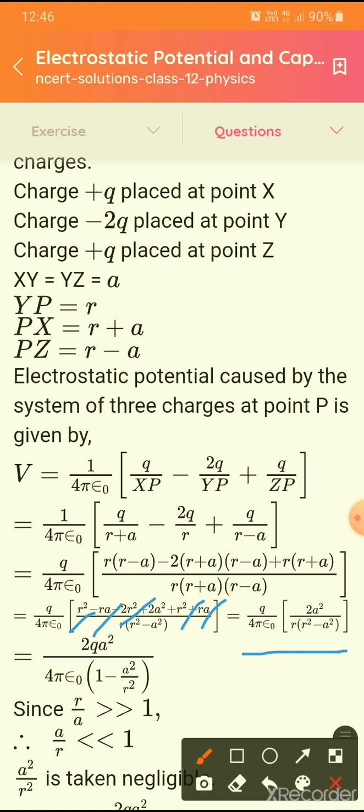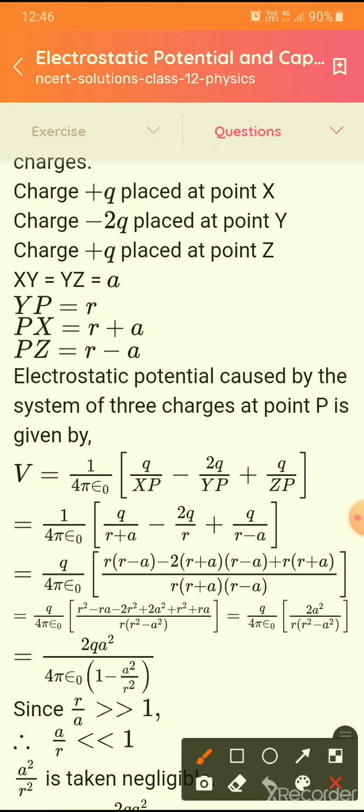So the only remaining thing here is a squared. So 2a squared divided by r into r squared minus a squared.